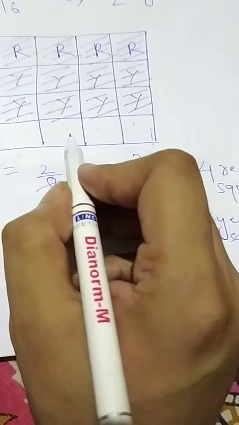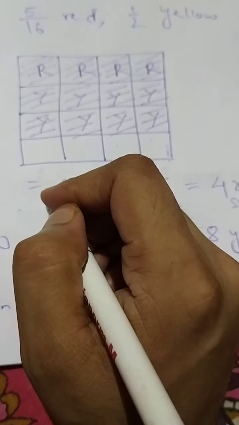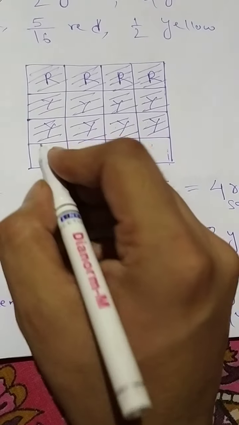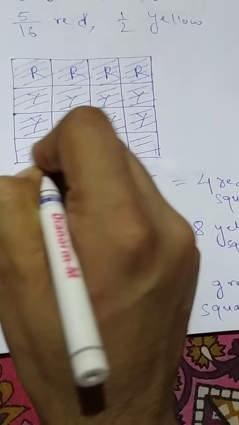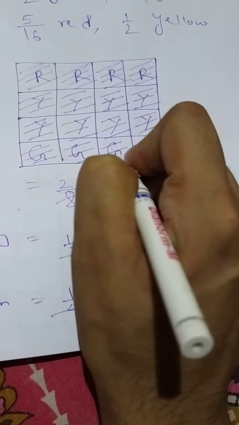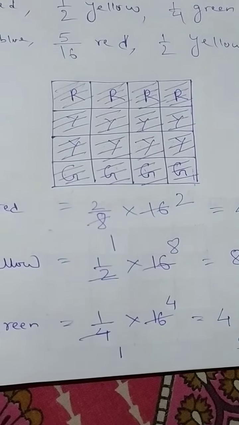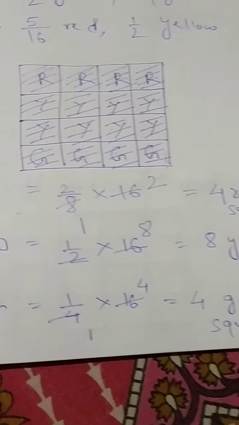And if you can see, only 4 squares are left. So let's color it. And I've written G. G for green. So in this way you have to do.